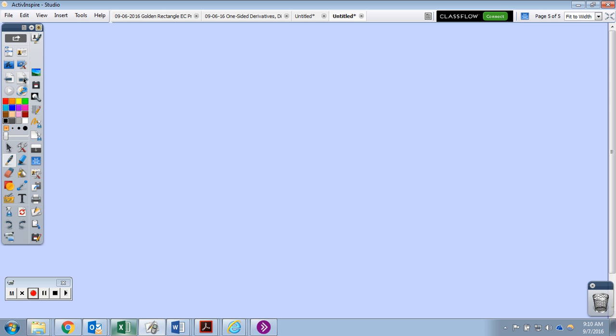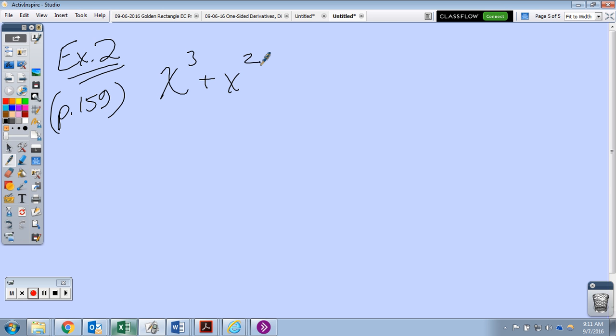Here we're going to look at example 2 on page 159. And it says we have x cubed plus x squared equals 4x plus 4. Okay, so any ideas on what you might do first? And I'll give you a hint, it's a similar process to what we've been doing.